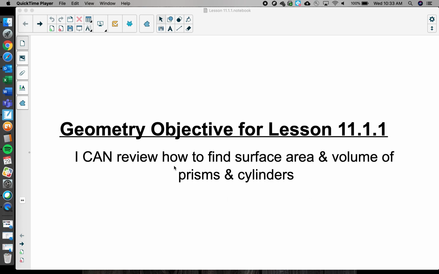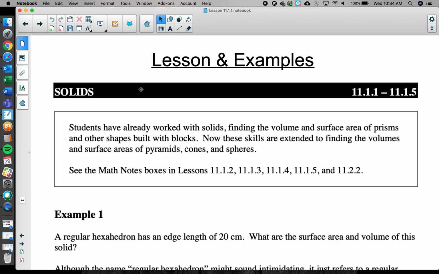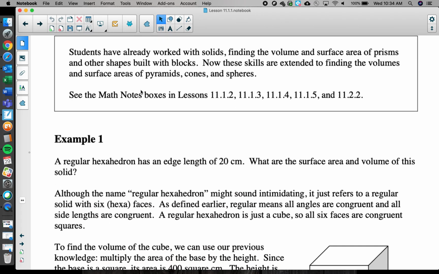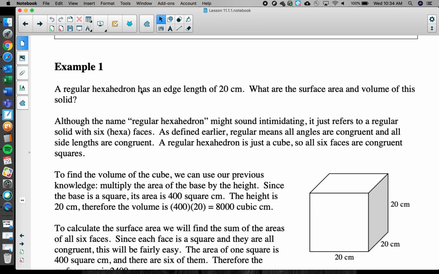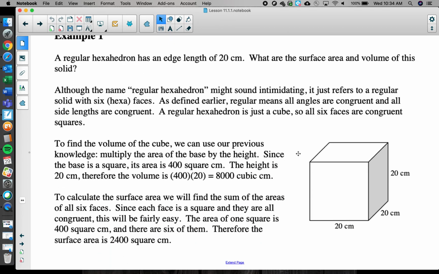So if you notice, the objective for this lesson is to review how to find surface area and volume of prisms and cylinders. If we take a look at the next one, we're going to go straight into the lessons. This is just a review. They go through and talk about, again, how to find the volume and surface area of a prism.